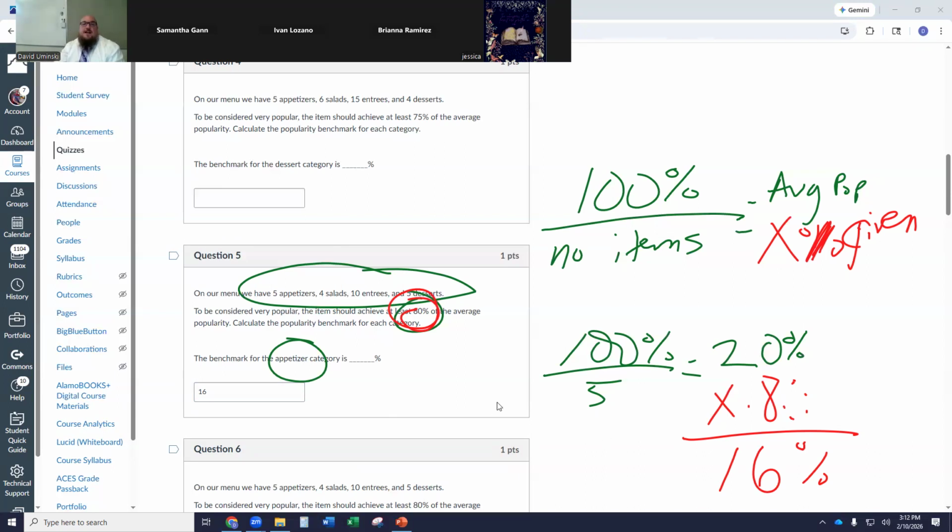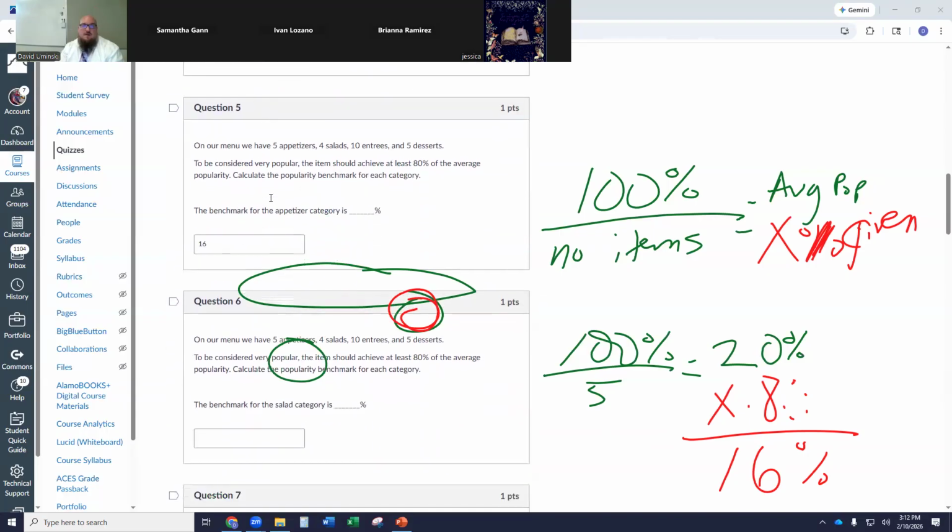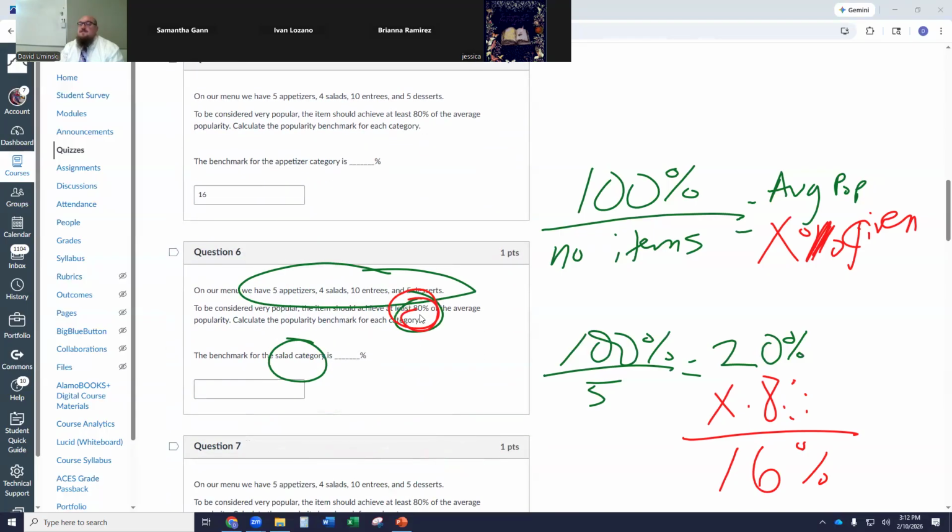Okay. Then I come down to question number 6. The percentage is the same, 80%, but instead I'm now looking at salads. So what is 100 divided by 4? 25%. And then I'm going to multiply by that same 0.8.